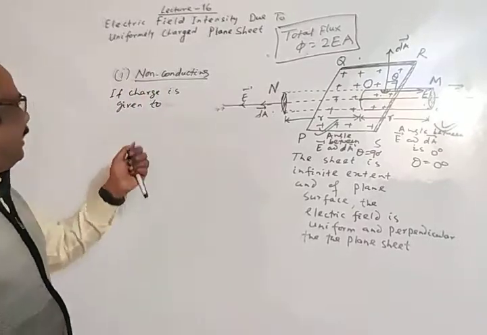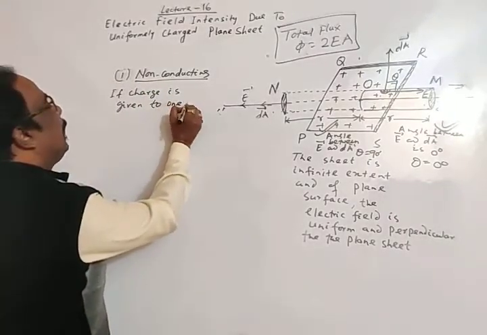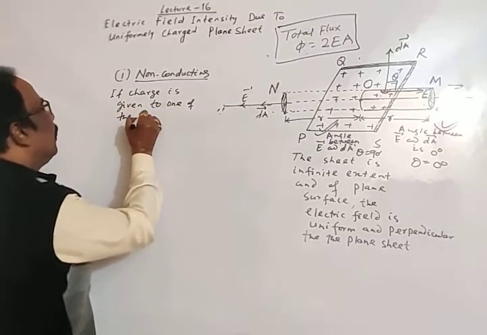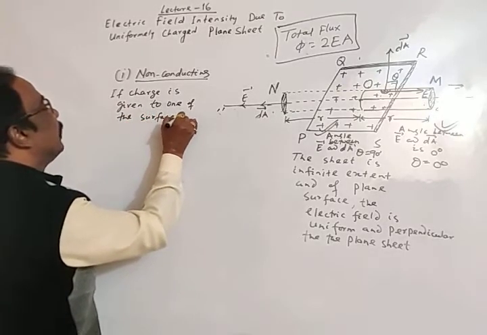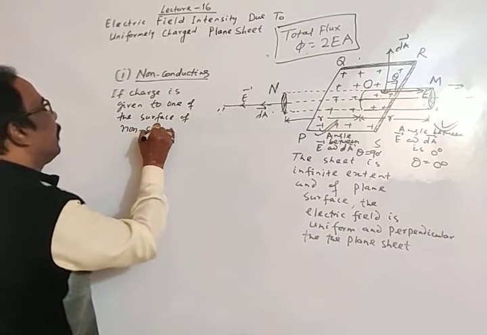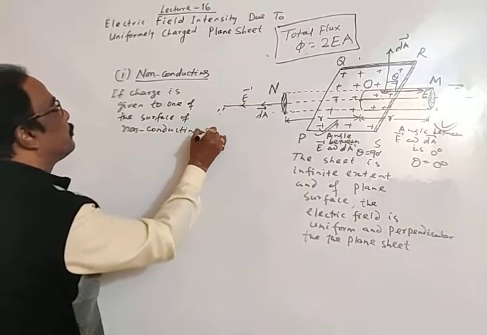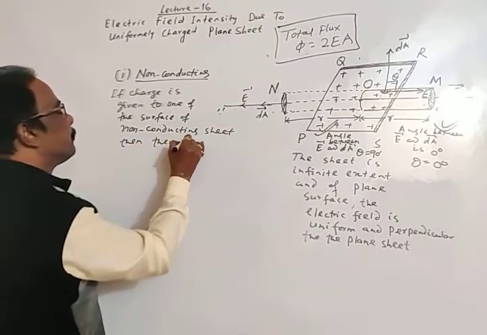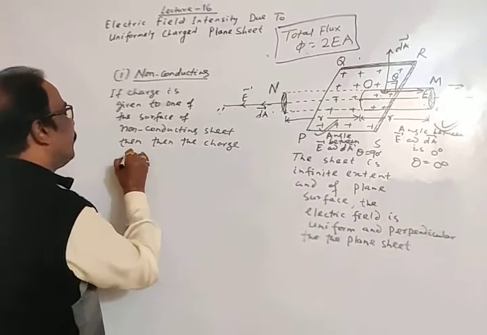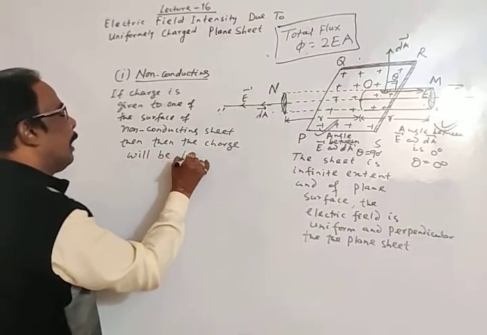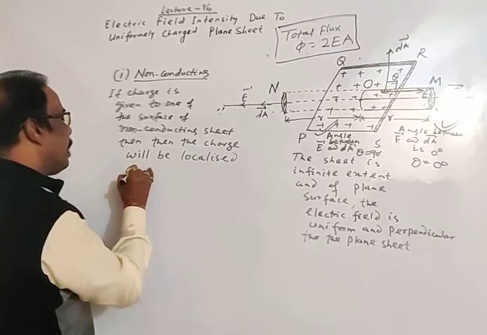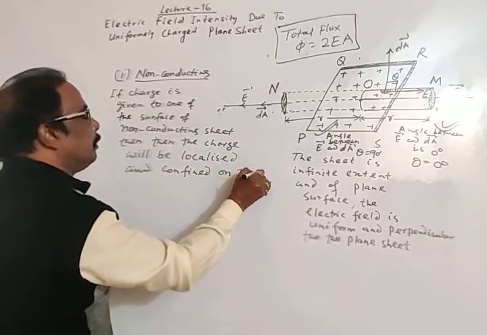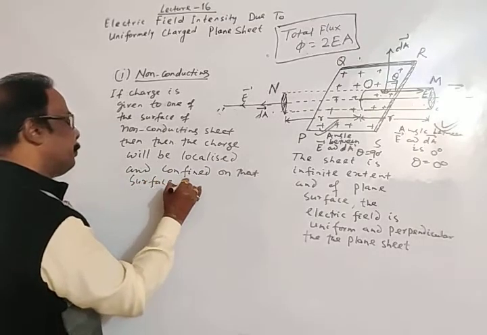So if charge is given to one of the surfaces of a non-conducting sheet, then the charge will be localized and confined on that surface only.